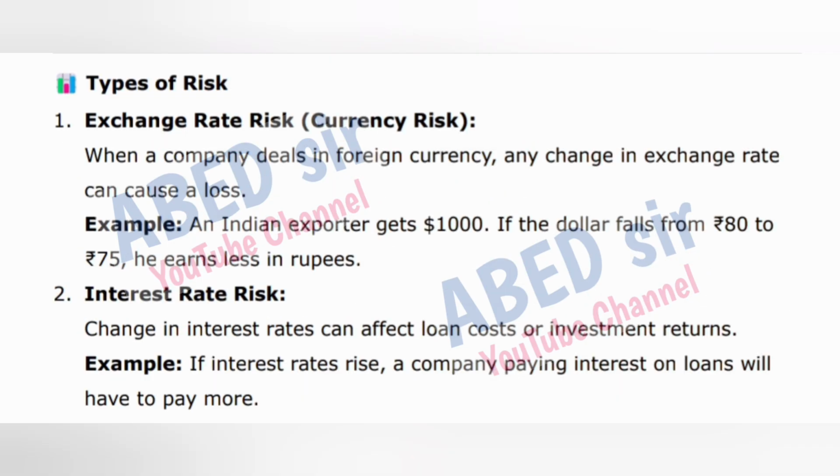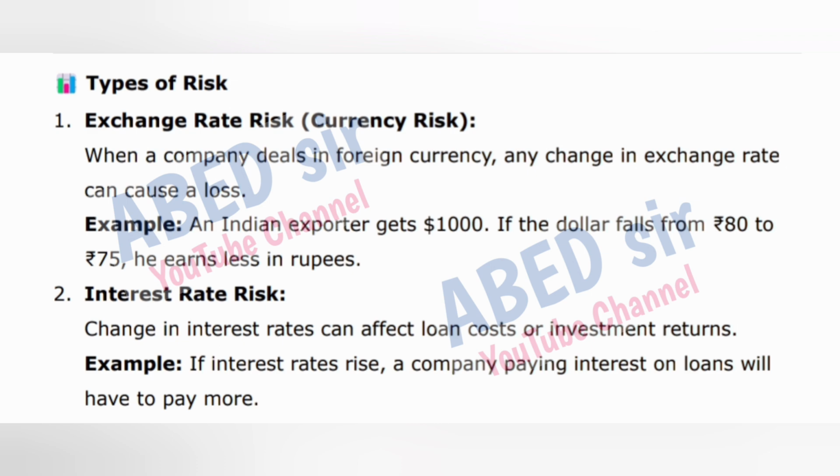Types of risk. 1. Exchange rate risk, currency risk. When a company deals in foreign currency, any change in exchange rate can cause a loss. Example, an Indian exporter gets $1,000. If the dollar falls from 80 rupees to 75 rupees, he earns less in rupees.